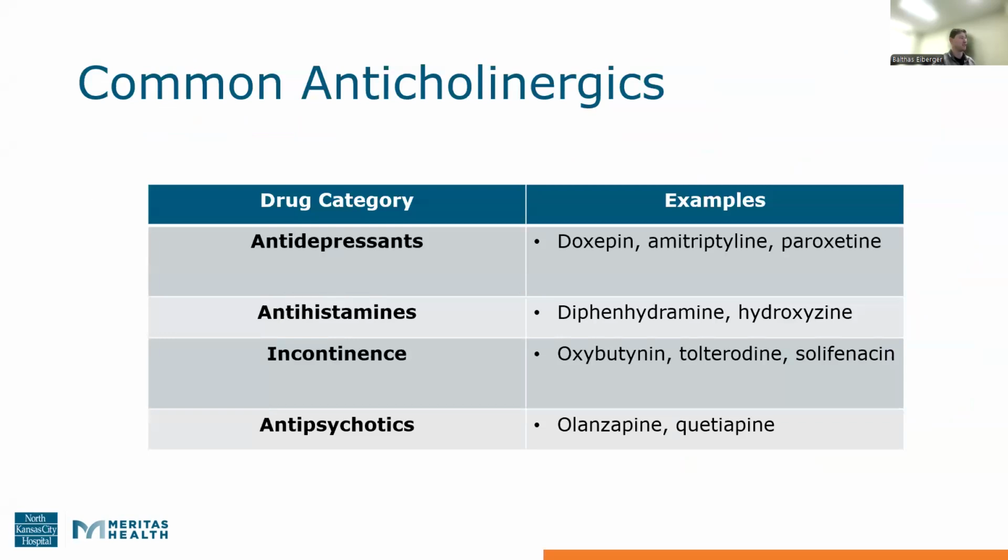Your physician should be weighing the risk versus benefit of being on this medication versus not being on this medication. So the antidepressants that I have listed here: doxepin, amitriptyline, and paroxetine. Antihistamines: diphenhydramine, often brand name Benadryl, or hydroxyzine.